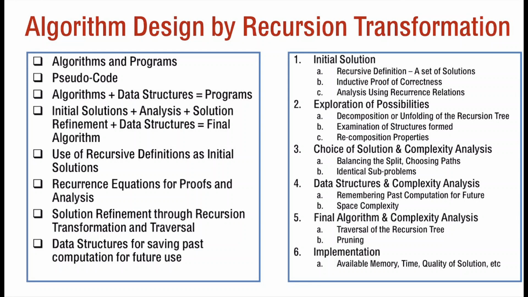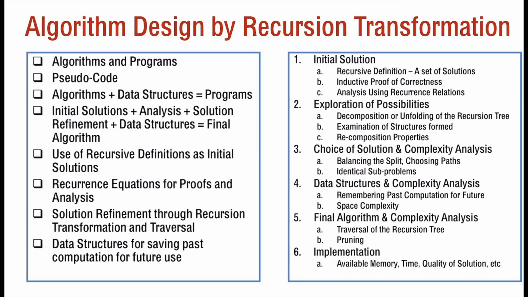We used recurrence equations to analyze them and get the optimal splits. Then we saw the optimal split as solution refinement, built up the recursion tree, called it a tournament, and found that in each of these 3 cases, there are 3 kinds of things that we need to save and remember as we proceed in developing the algorithm. So this is the process.